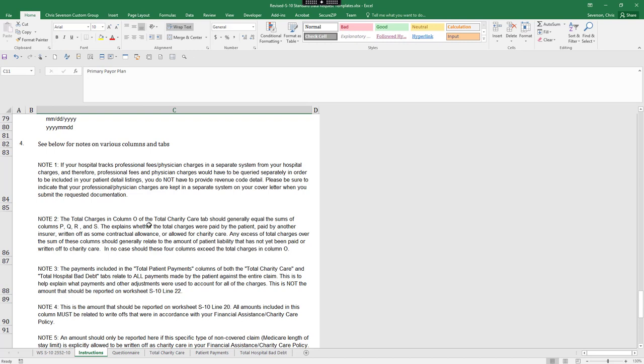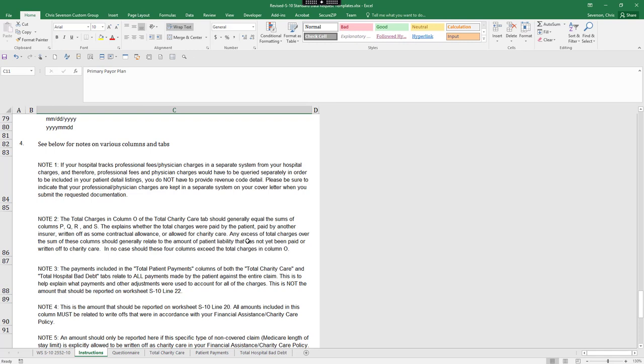Now, the only thing that you're going to see that's actually reported on Worksheet S-10 would be the charity care charges. However, these 5 columns in total are needed to help assure that the proper amount remains in charity care. That's the amount that's been reported on Worksheet S-10 line 20. So we'll see that in just a bit.